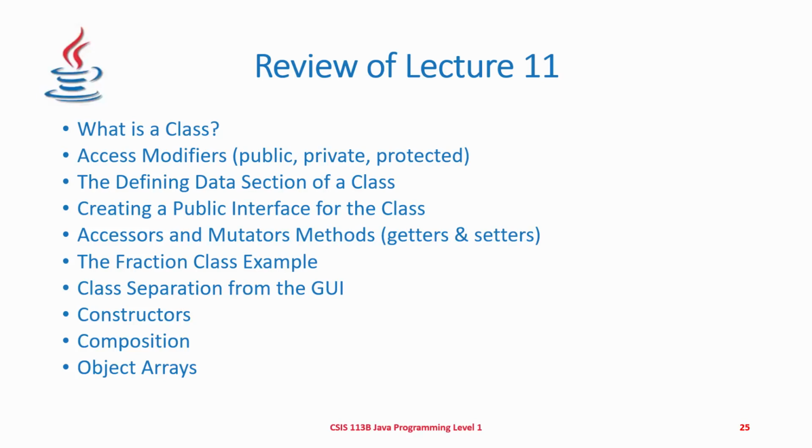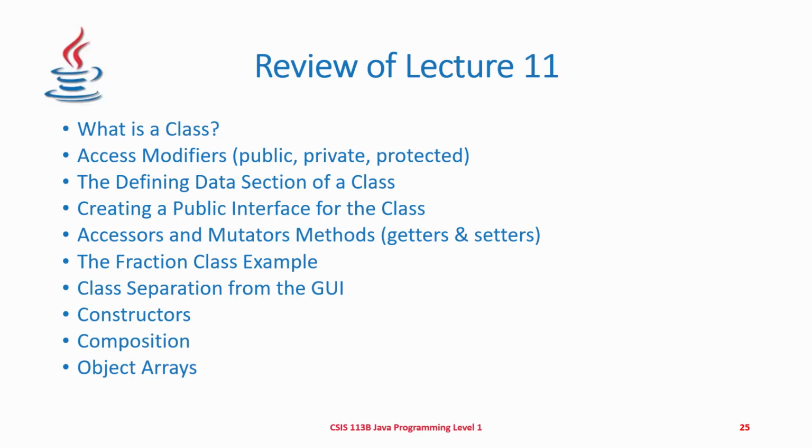We talked about creating the public interface, which are those methods that will retrieve or assign, get or set values for our custom data section in the class. Remember, the data section itself wants to be private. We talked about the fact that those methods that access the data and modify the data are the accessors and the mutators. So the accessors will allow us to retrieve values from the data section. The mutators will let us modify the values of the data section.